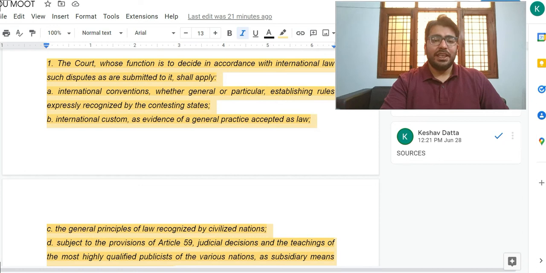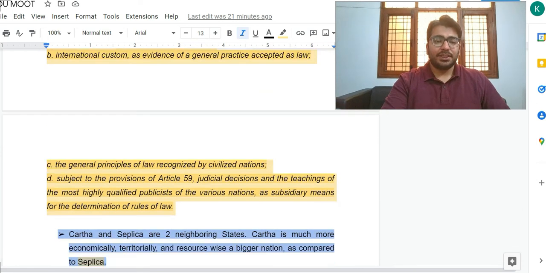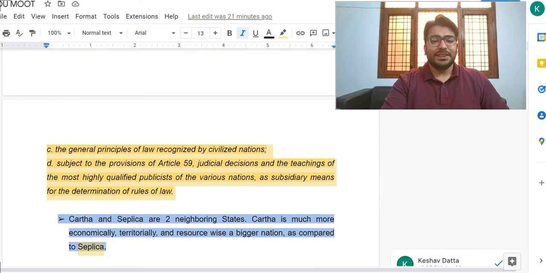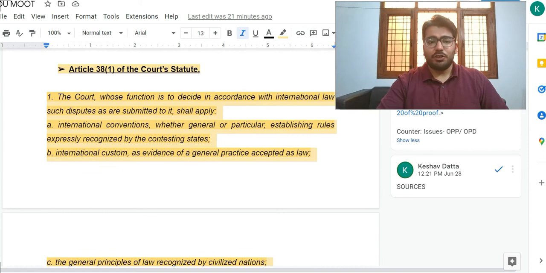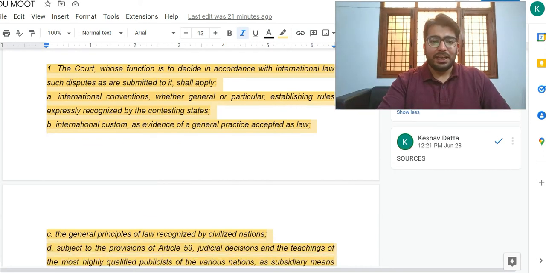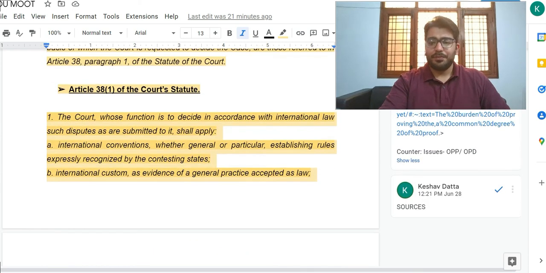In the A clause you will see international conventions, B says customary law, C says general principles of law, and D says judicial decisions and teaching of the highly qualified publicist. So whenever the judge asks what is the evidentiary value, always quote Article 38 clause 1 and the relevant subclause A, B, C, D respectively.